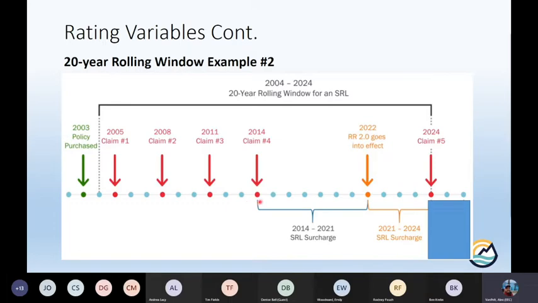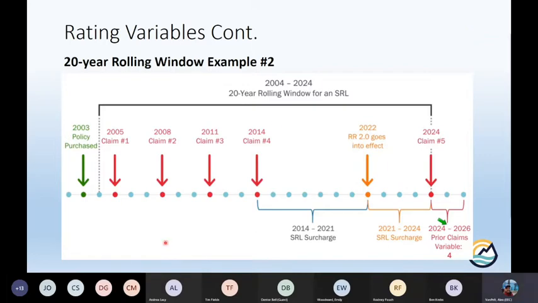Once it became severe repetitive loss, that SRL surcharge went into effect, and it stays on there going forward. That surcharge doesn't change under Risk Rating 2.0 until that first claim under Risk Rating 2.0 is made. Once that's done, that surcharge goes away, and now it's considering prior claims. So it's considering 4 claims.